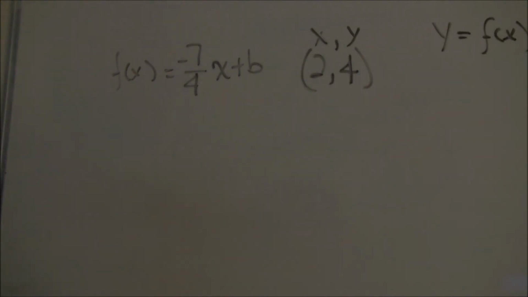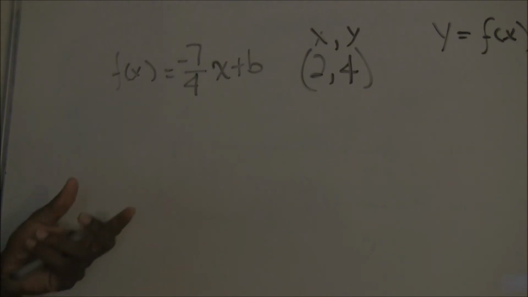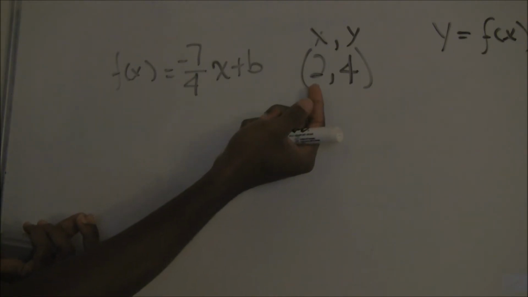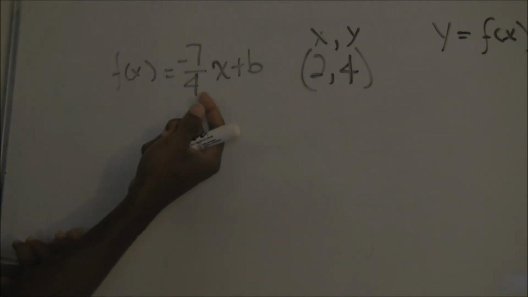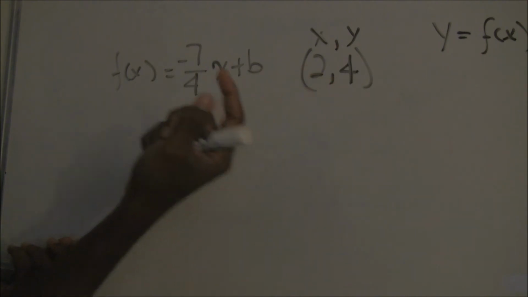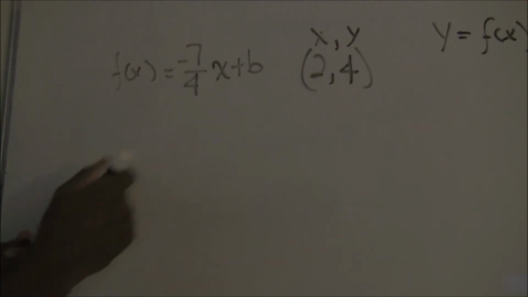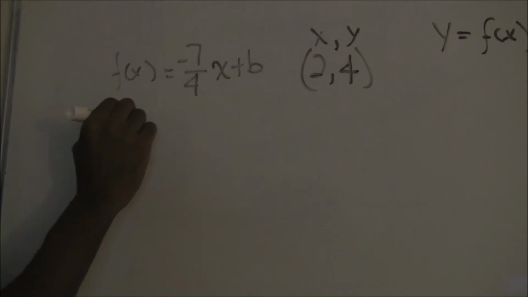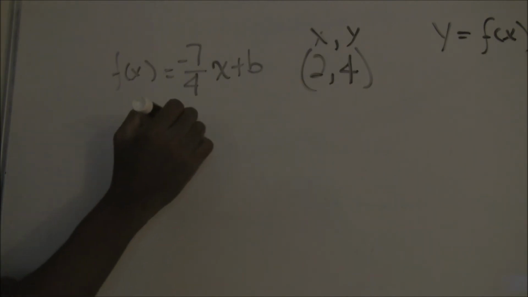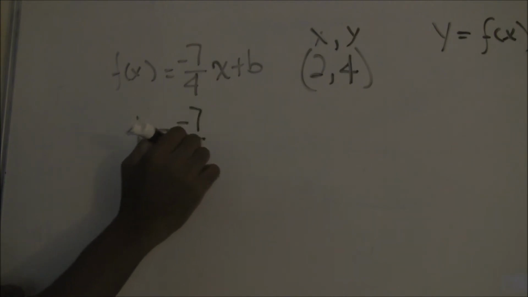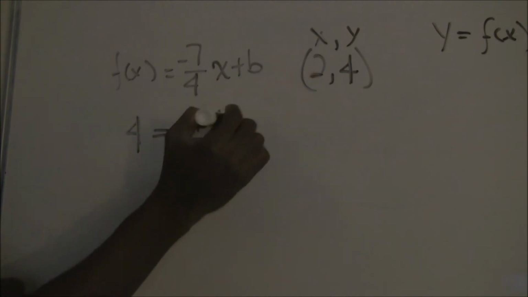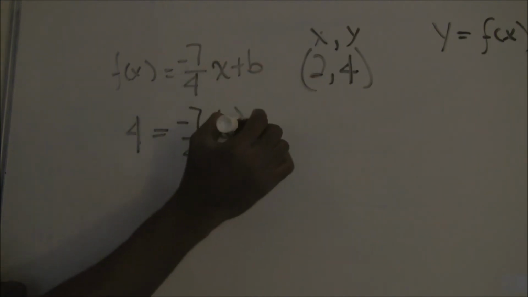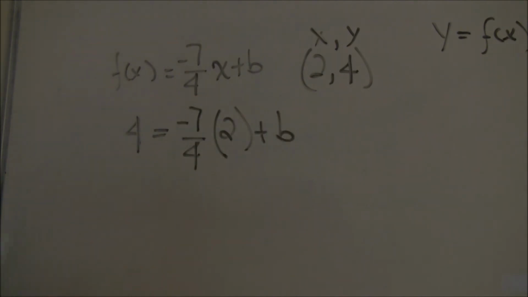So, with that information, what we're going to do is replace 2 for the x and 4 for f of x, which means this becomes 4 equals negative 7 over 4 times x, which is 2, and this plus b, because I do not know what b is.